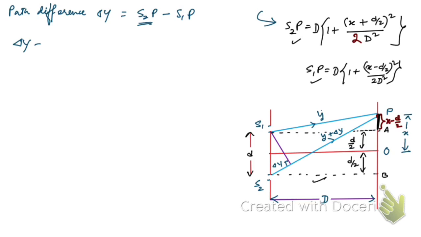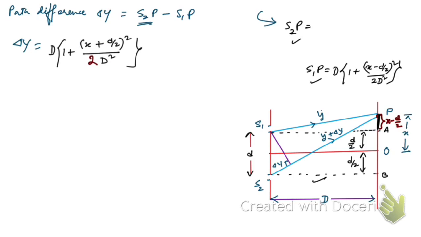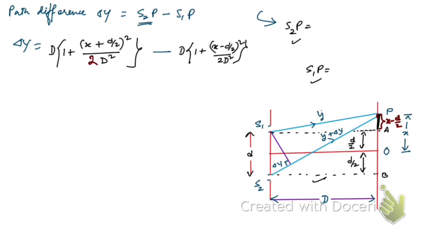So then del y can be equal to, sorry, this is S2P and this is S1P, right, minus. So now let me solve this. How to do that?